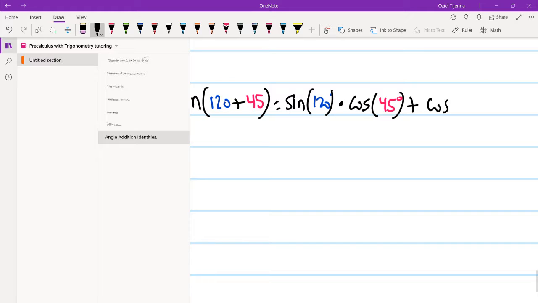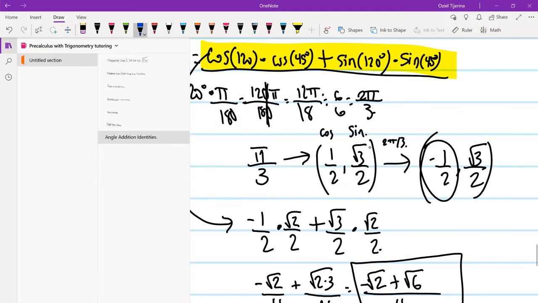So you would then say the sine of 120, if you look at it, corresponds to this one.